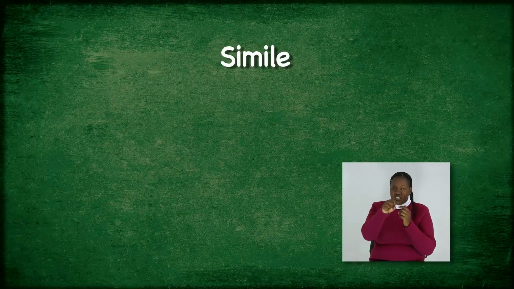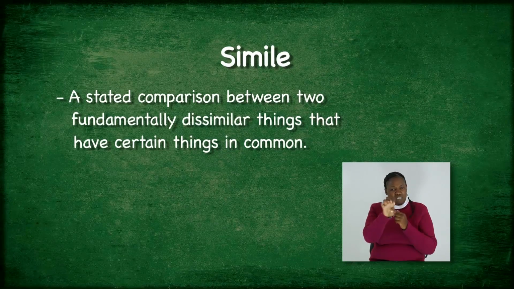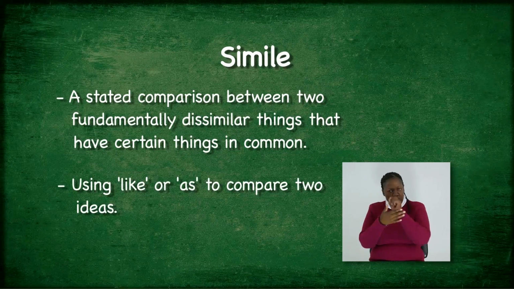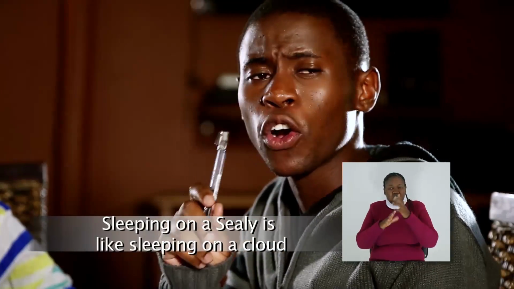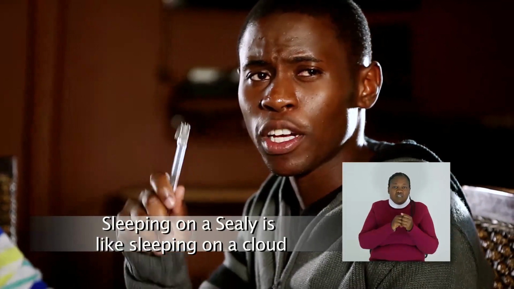A simile is a stated comparison between two things where the writer uses like and as to compare two fundamentally different things that have certain qualities in common. Ma'am, can I try an example? Slipping on a ceiling is like slipping on a cloud.